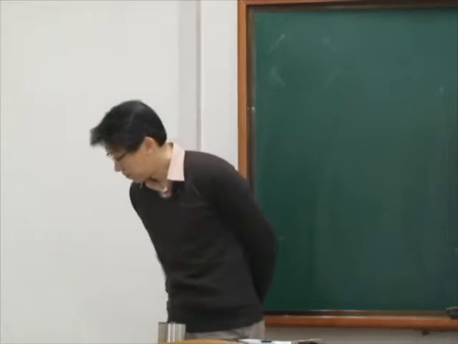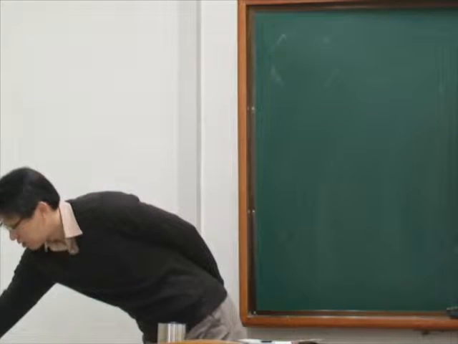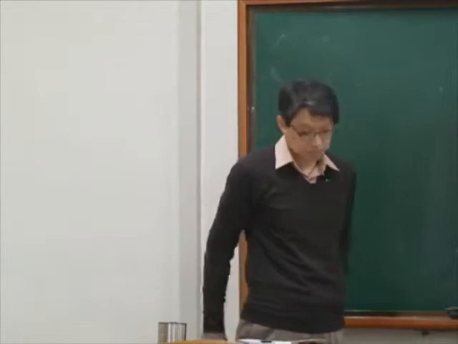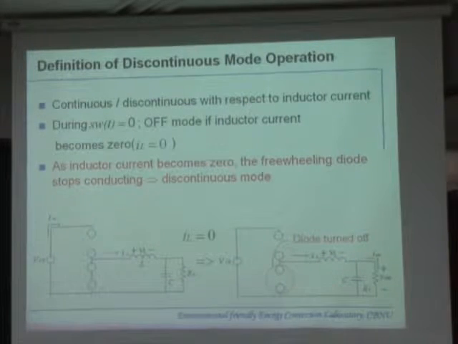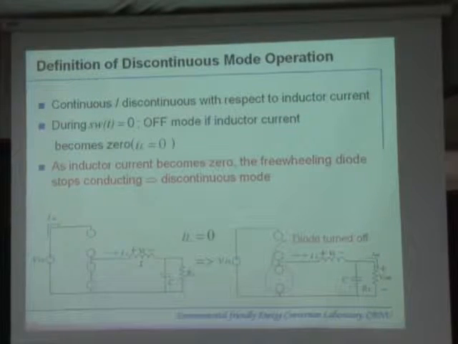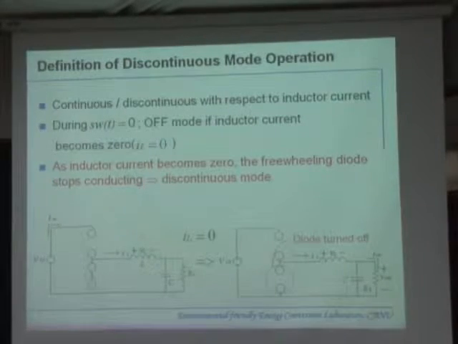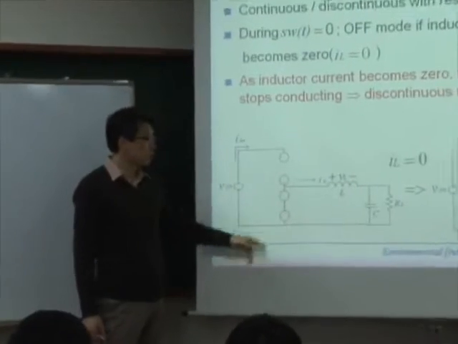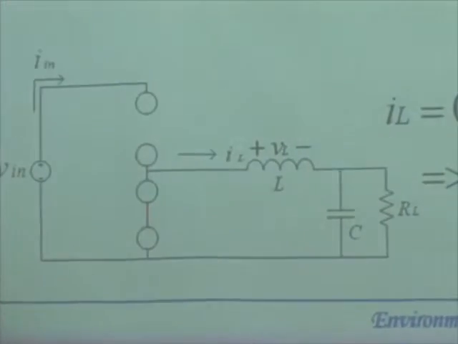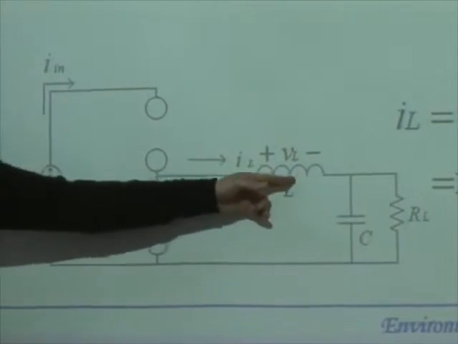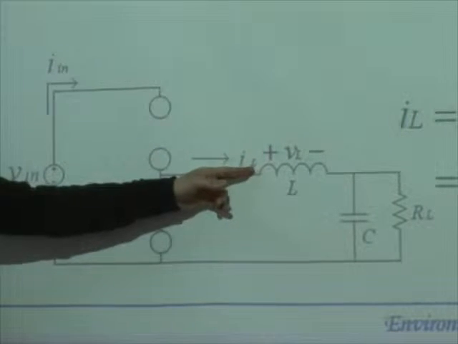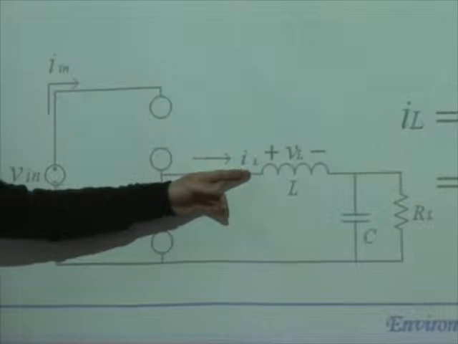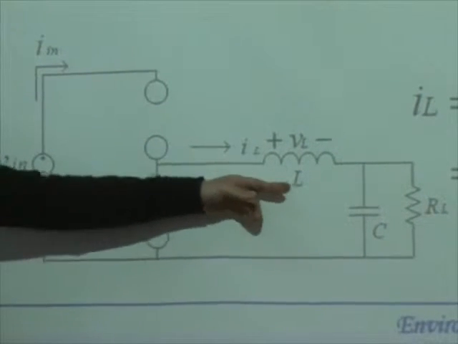Diode. So if you look at the slide, the on and off of diode is determined by the current source behavior, right? This inductor is a current source, so it will do whatever it can to maintain the current path.